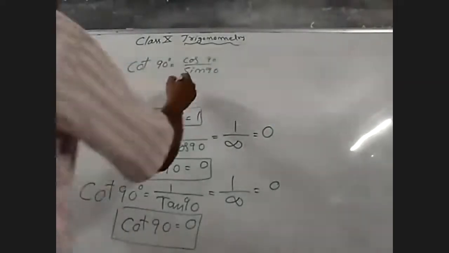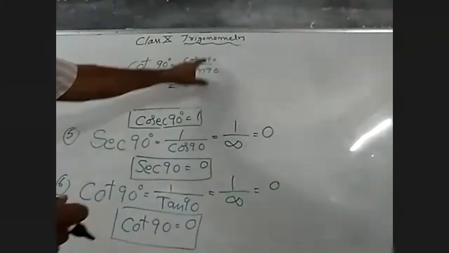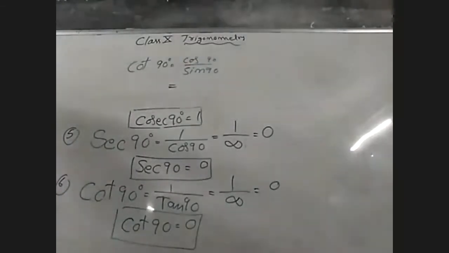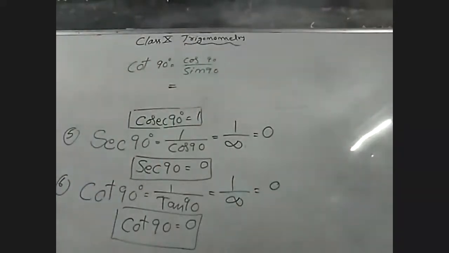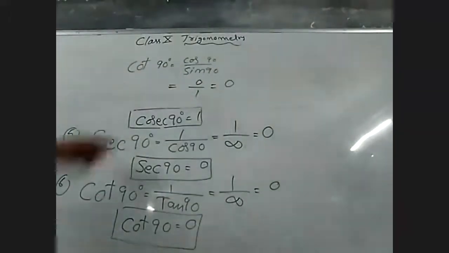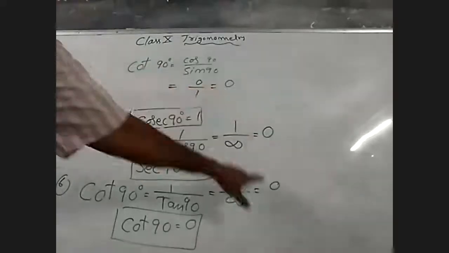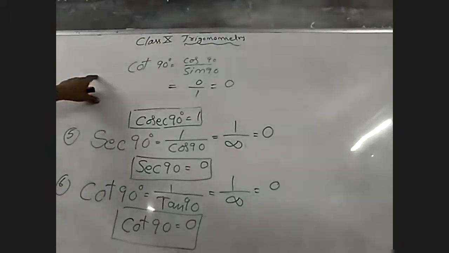You substitute the values of cos 90 and sin 90 to get the value of cot 90. చూడండి sin 90 is 1, cos 90 is 0. So 0 by 1 is equal to 0. Therefore cot 90 is equal to 0. ఇక్కడ 0 వచ్చింది, ఇక్కడ 0 వచ్చింది. So by using this way also you have to find the values of tan and cot at 90.